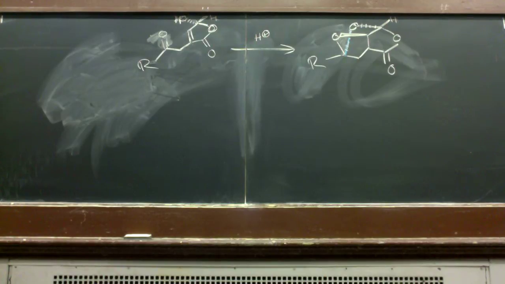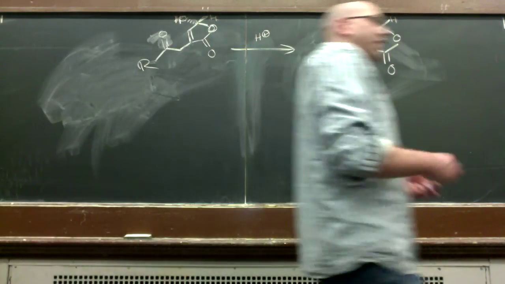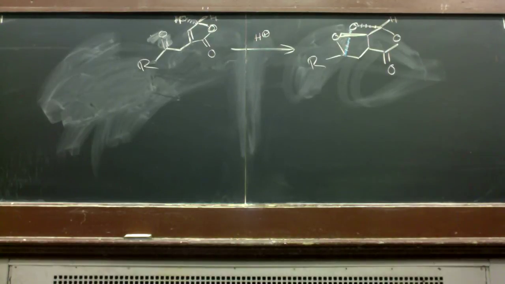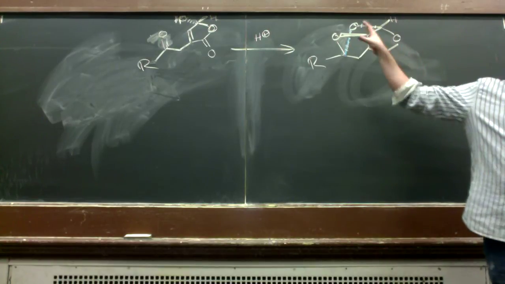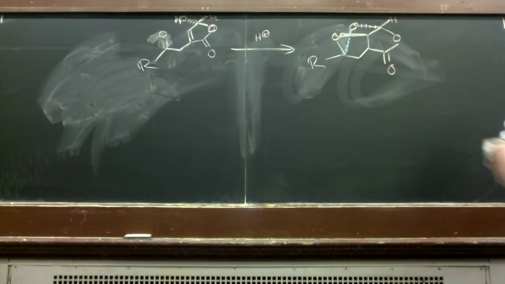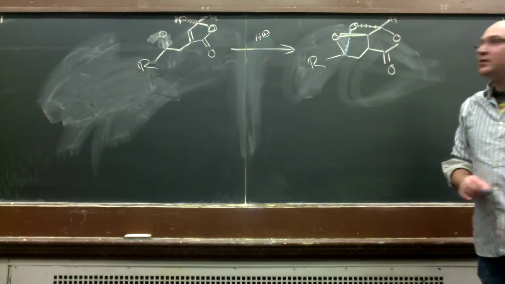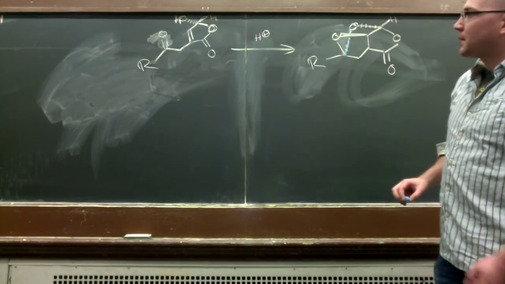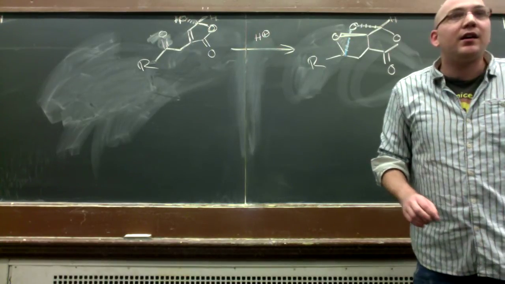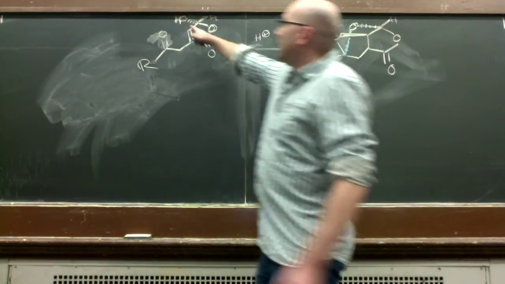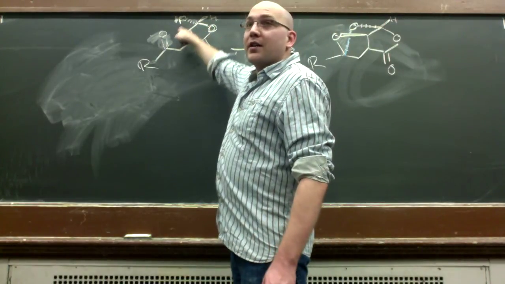So what do you notice? If you're struggling to see exactly what's happening here, what are some of the things that might stand out structurally in the problem that might at least lead you in the right direction? What are some things that we've seen this semester? Yeah. Attacking the carbonyl.